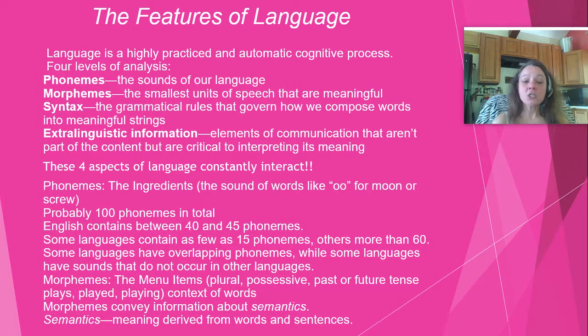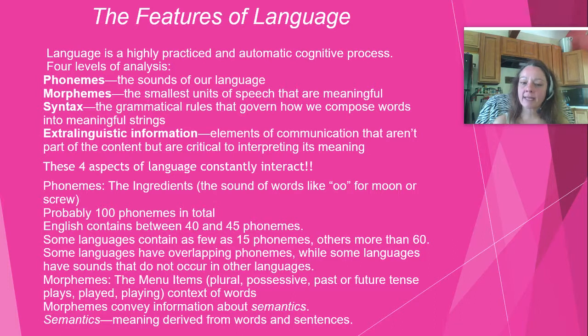Alright, so next we have the morphemes, and so basically these are the smallest units of speech that are meaningful. So if the phonemes are the ingredients to the meal, the morphemes are kind of like the menu items. So those are what you're going to check off to note what you want, right? And it's all based on the context of the words.